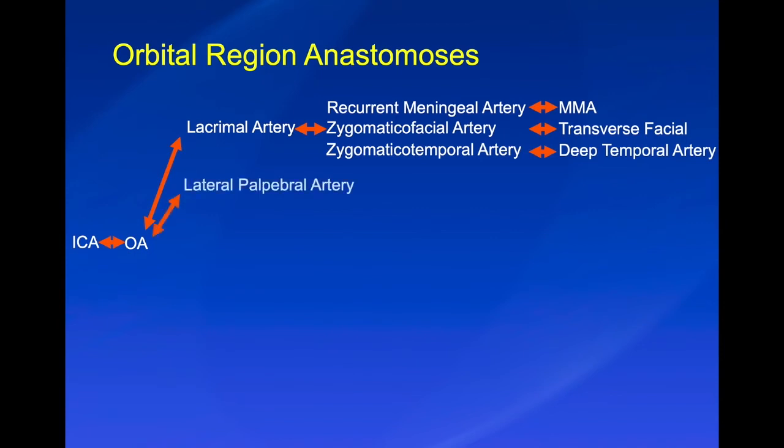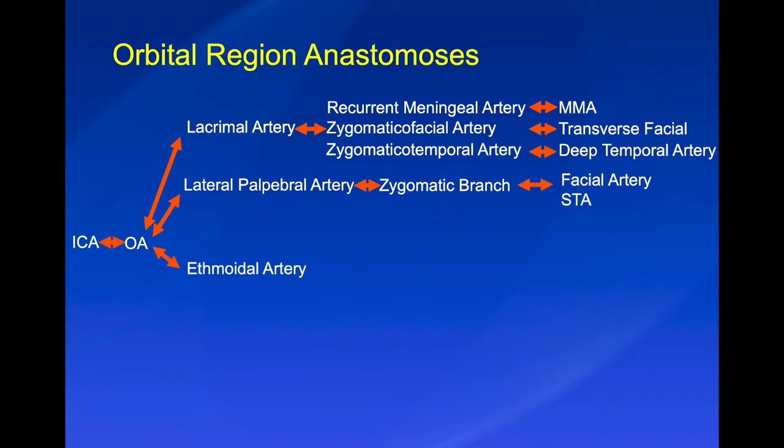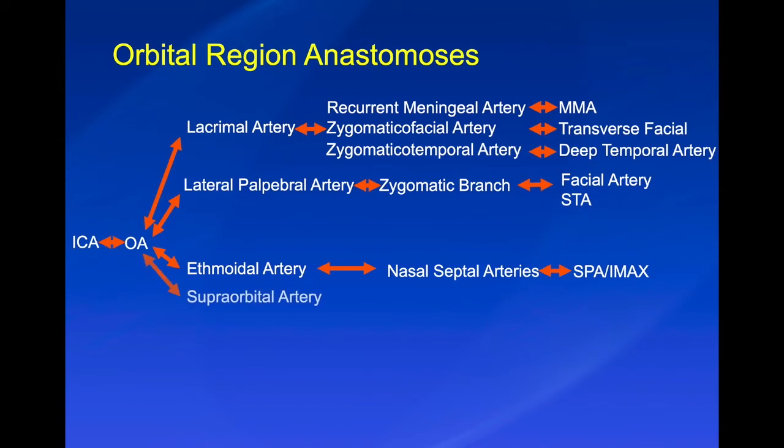Another branch of the ophthalmic artery is the lateral palpebral artery, and this has a zygomatic branch, which anastomoses with the facial artery and the superficial temporal artery. Then there's the ethmoidal artery, which has the nasal septal arteries, which anastomose with the sphenopalatine artery and internal maxillary artery.